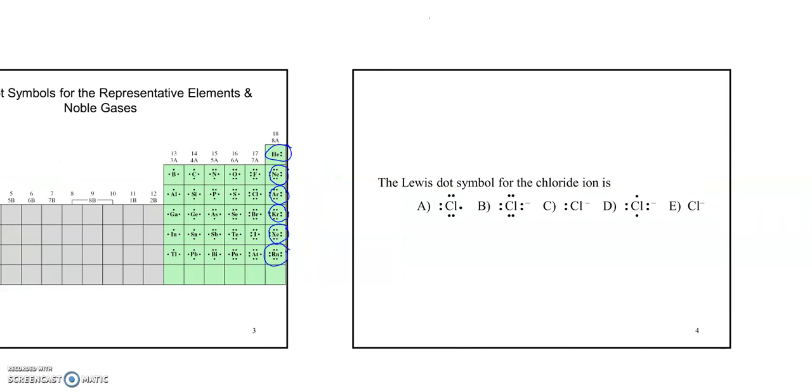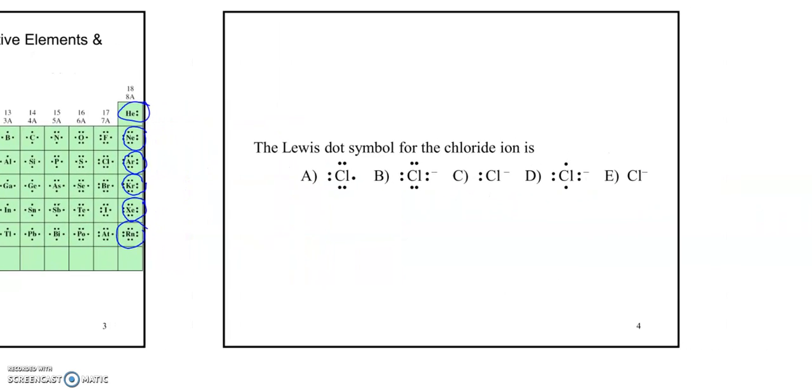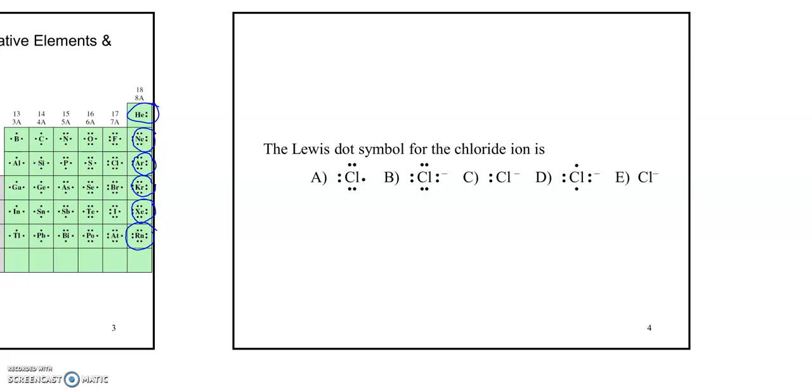Okay, so let's do this practice problem here. We want to know what is the Lewis dot symbol for chloride ion, right? So let's do the chlorine first. Chlorine is not an ion here, so I'm going to do 1s2, 2s2, 2p6 makes 10 total, 3s2, 3p5. So 10 plus 2 plus 5 is going to be 17. That's going to be the electron configuration of chlorine.